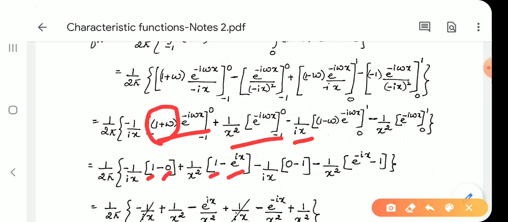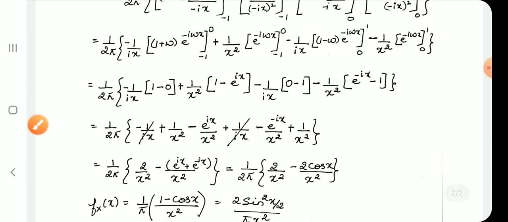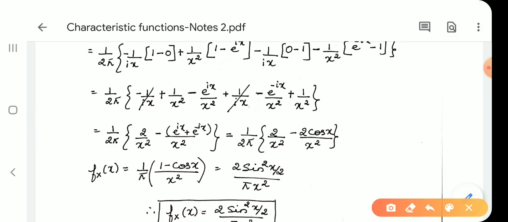When we put the upper limit, it becomes 0. When I put the lower limit, e power 0 becomes 1. Similarly, when we simplify the last term by applying the limit, we get minus 1 by x square into e power minus ix minus 1.